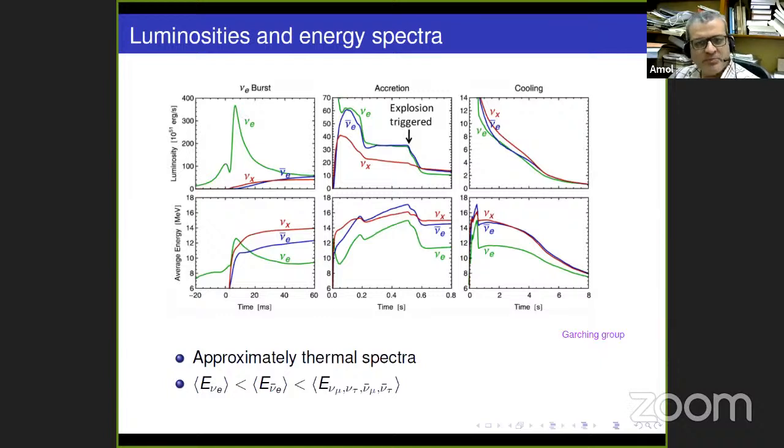It is also going to be important in what we discuss that the average energies of neutrinos are different if you look at electron neutrino, electron antineutrino, and muon neutrinos. Also, the average luminosities are going to be different between these three flavors.